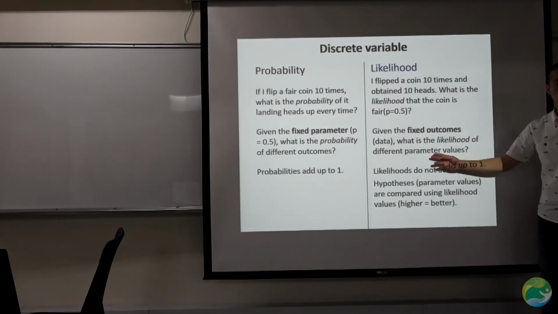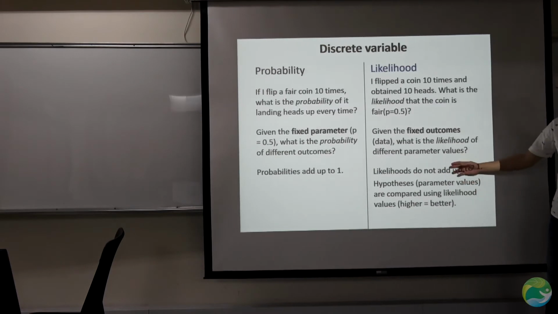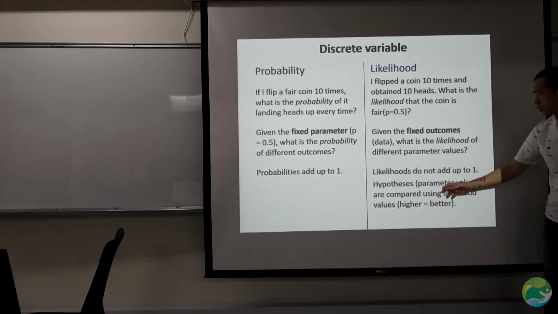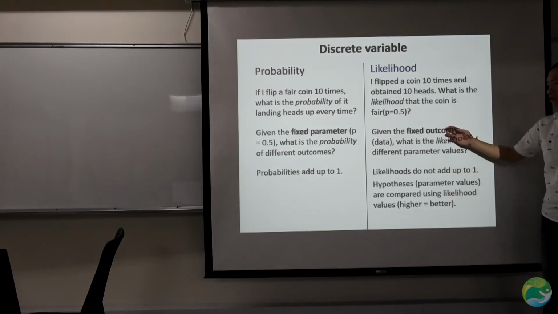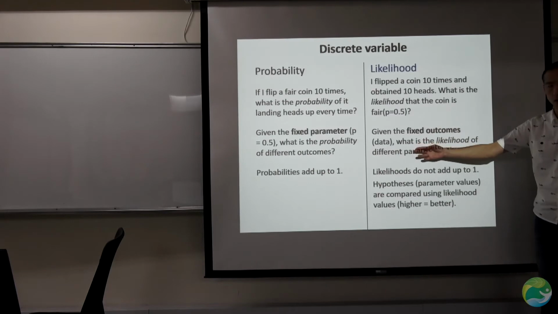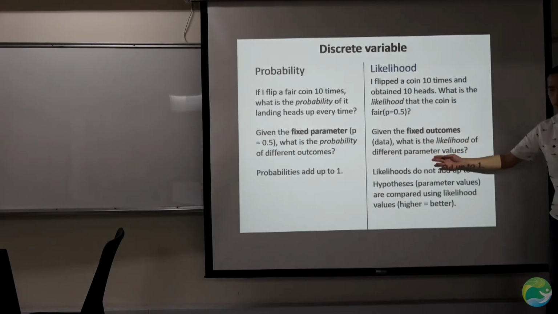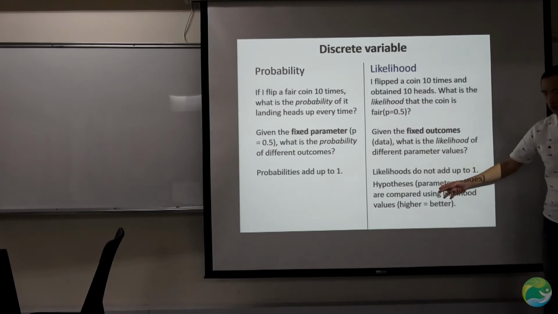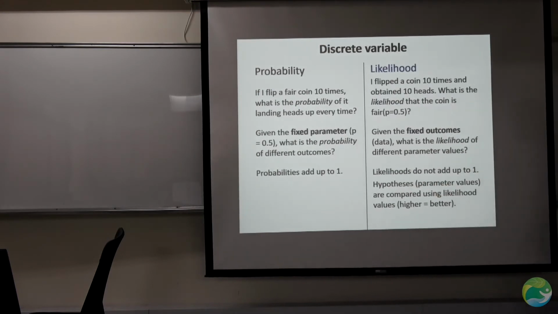So likelihood means the hypothesis. Likelihood is given on what? Given on the fixed outcome of data. What is the likelihood of different parameters? Different parameters also represent what? Different hypotheses, okay?